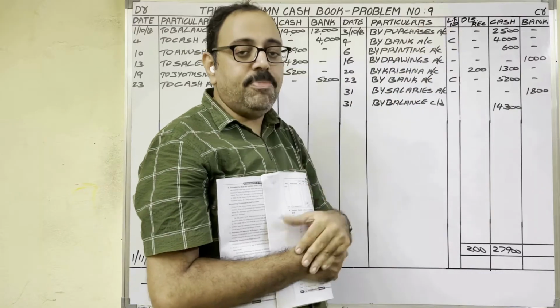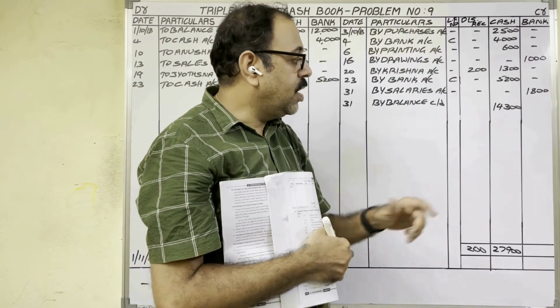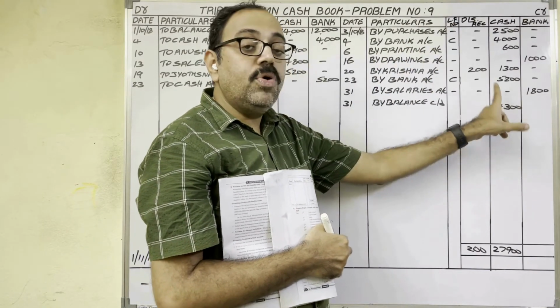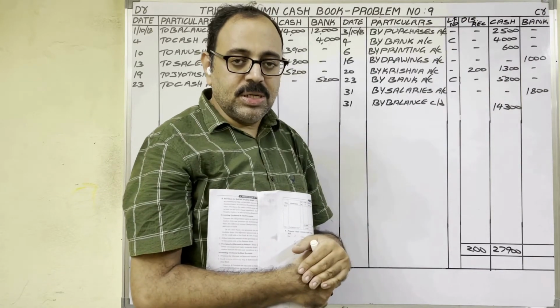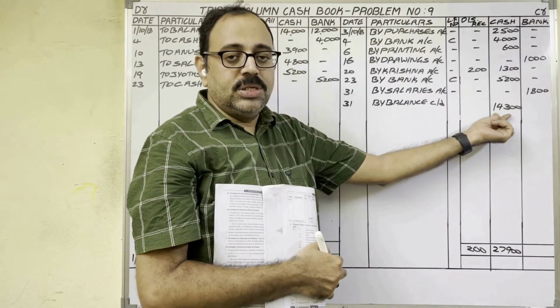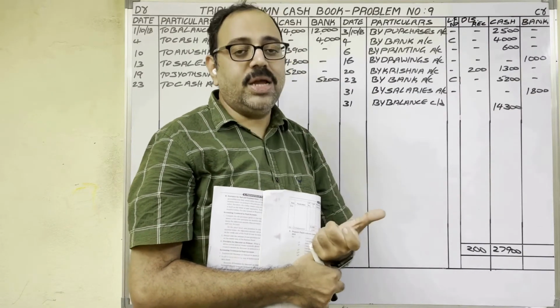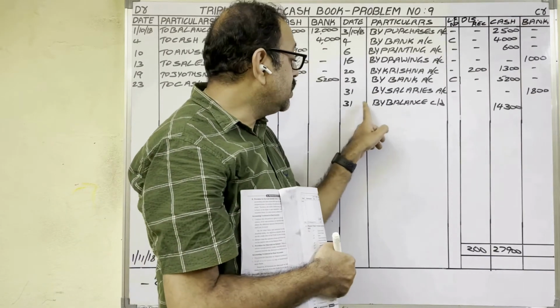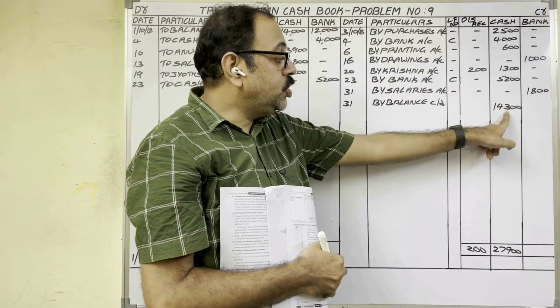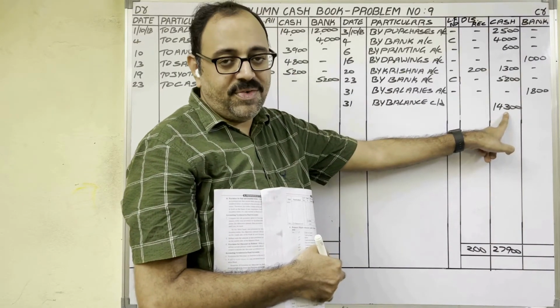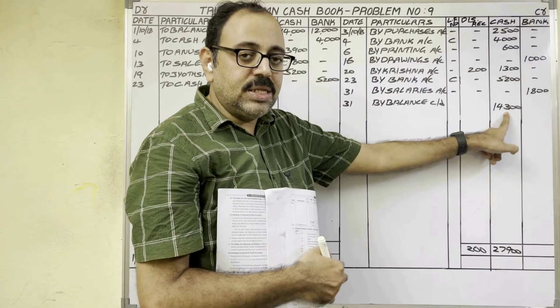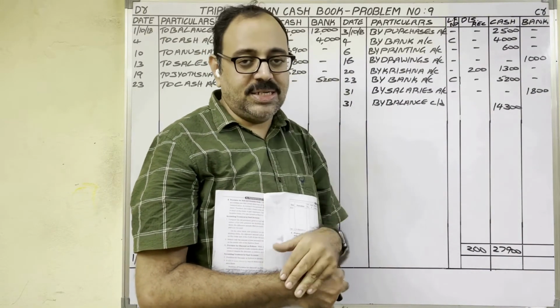So at the end of the month, how much money should be with the firm? 14,300 rupees. So this is the accounts amount. We should verify with the physical amount. If you count the cash on 31st October, how much amount should be there? 14,300. Then the meaning is there is proper control on cash.